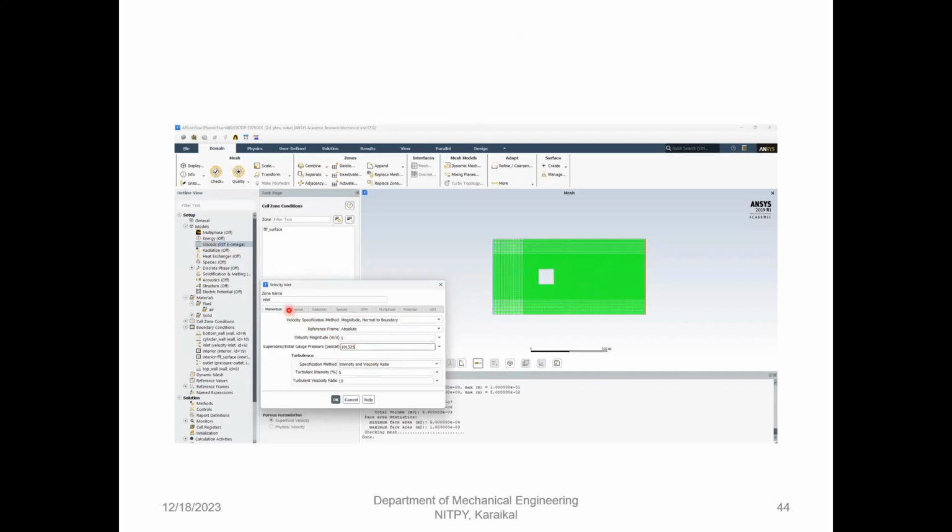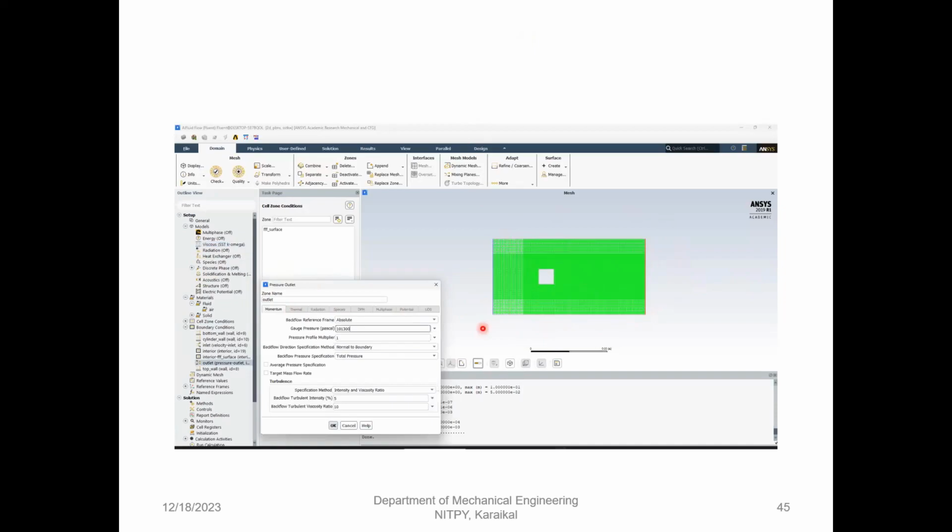If temperature is varying, in this thermal tab we will include the temperature at the inlet. Since my flow was at a Reynolds number around 3000, I took it to be turbulent flow, and I'm giving the values for turbulent intensity and hydraulic ratio. This will calculate K and epsilon, and that also will come into your equations.